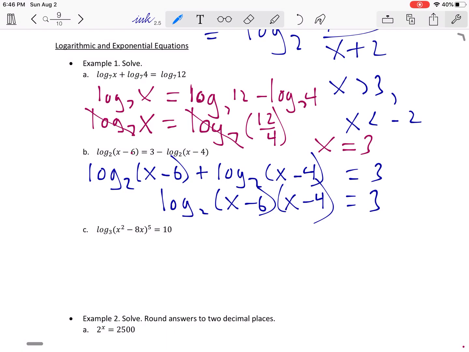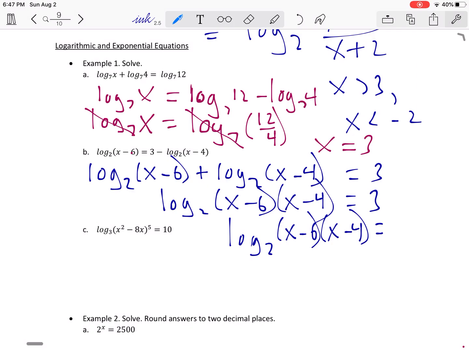Just like everything else that we've done, when there's something you want to get rid of, you need to have it on both sides. So we want to get rid of that log 2, and the only way we can do that is to put a log 2 on the right-hand side. How do we do that? We have to write something as log 2 that's equivalent to 3.